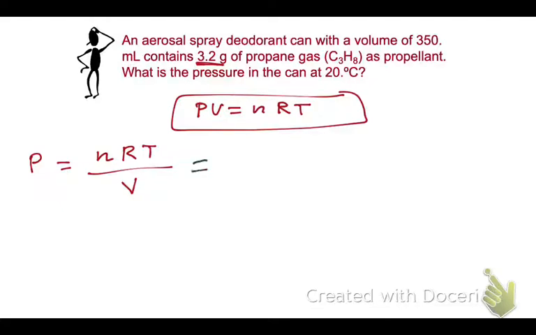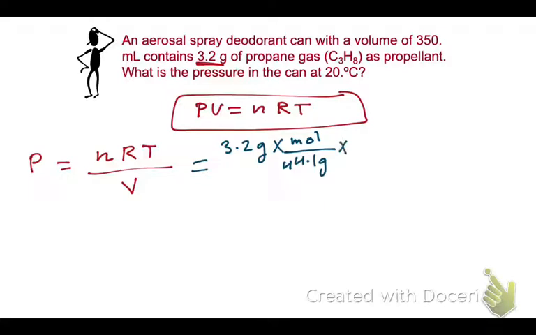So I have 3.2 grams, and then I'm going to say 1 mole of propane has a molar mass of 44.1 grams.